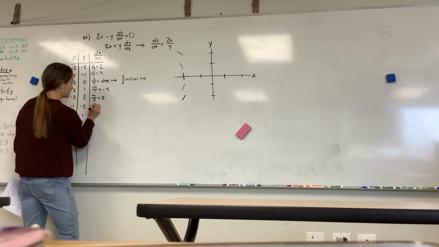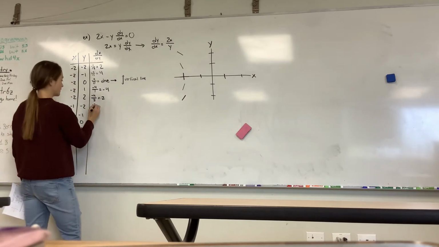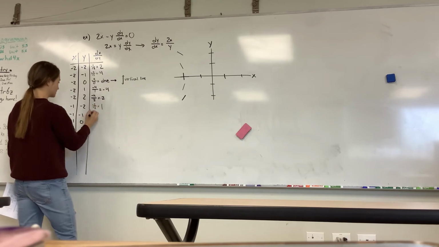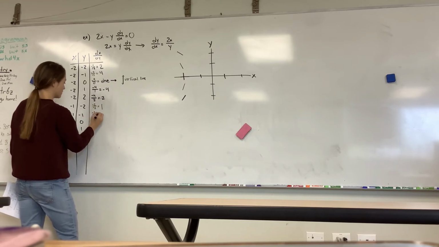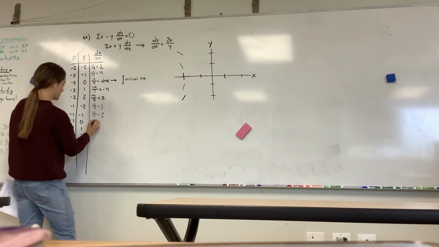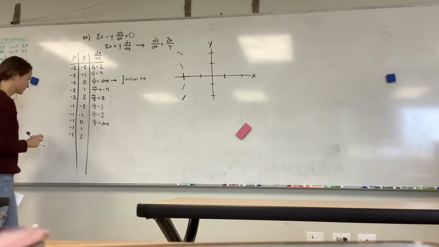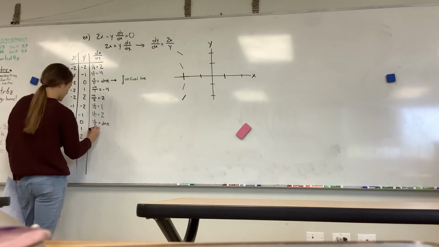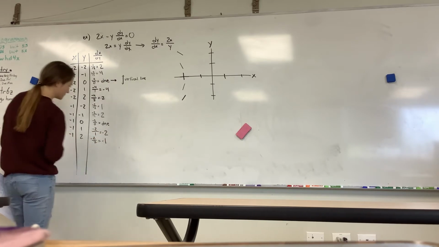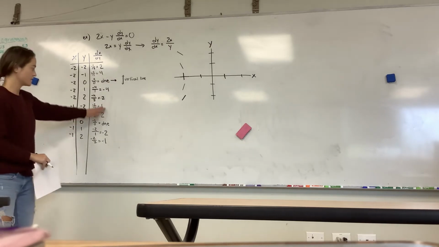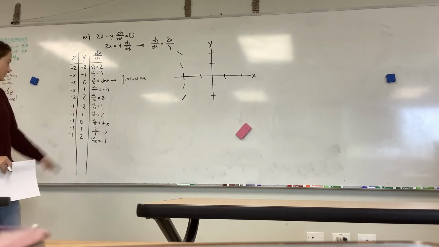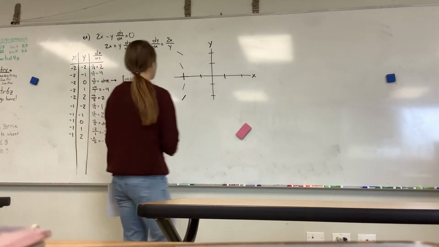So -2 over -2 is equal to a +1. -2 over -1 is equal to a +2. -2 over 0, this is another does not exist. A -2 over a 1 is equal to a -2, and a -2 over a 2 is equal to a -1. So now I have these 5 slopes for these 5 points, and I can go over and graph those.